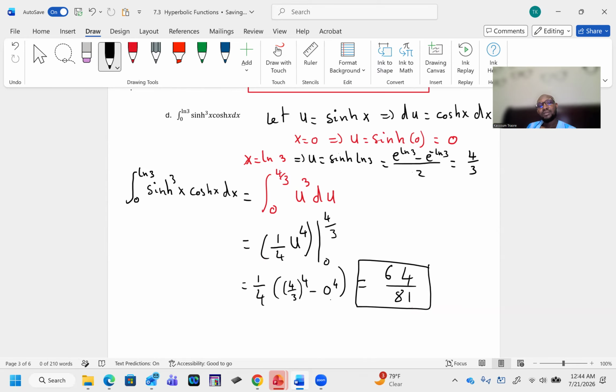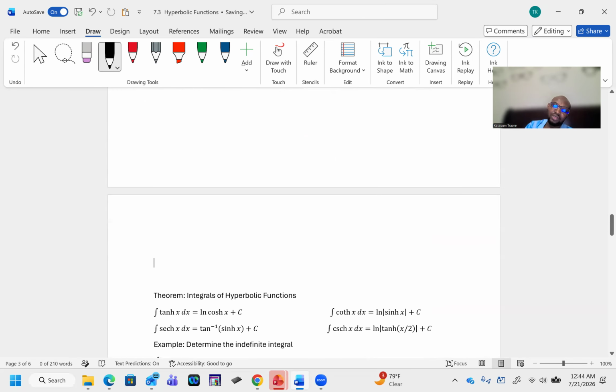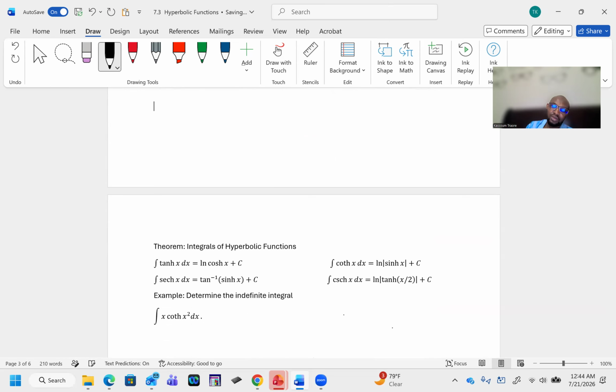Okay? I hope you are enjoying hyperbolic functions. So now next, we are going to talk about some theorems of integrals of hyperbolic functions. So if I'm asked to find the integral of hyperbolic tangent of x dx, that is ln hyperbolic cosine of x plus c.